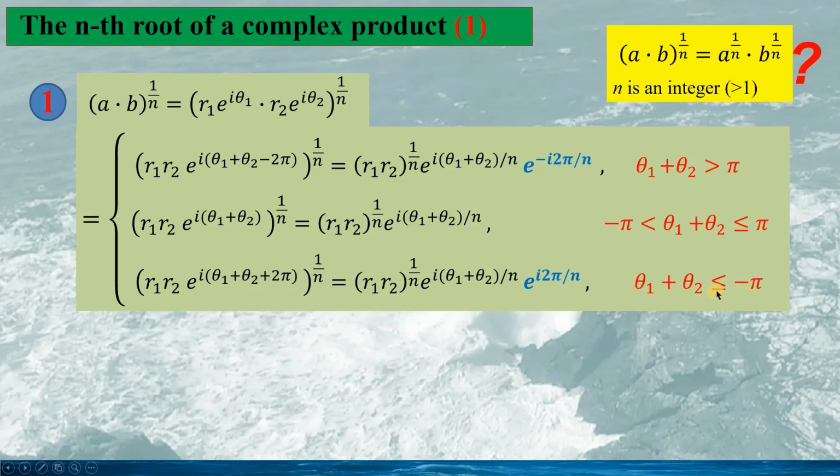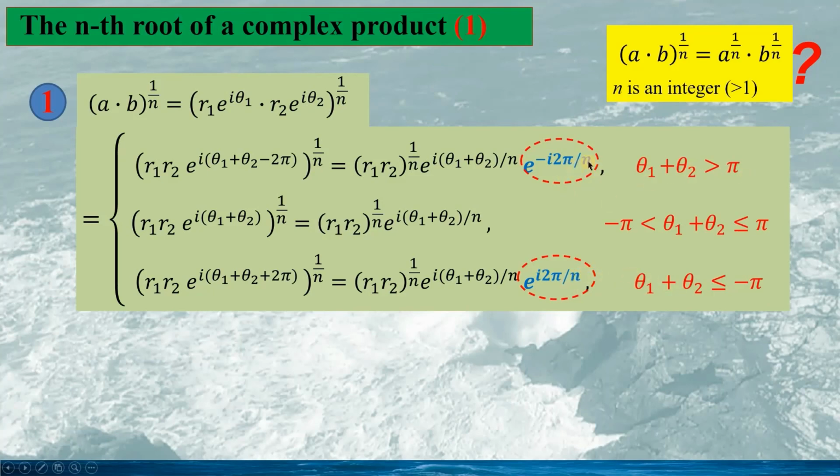So it is not within the limit for the principal value. Hence, we need to add 2 pi to the phase angle to make it within the limit for the principal value, and then the result would be given as this. So here you can see the extra term for the different scenarios.